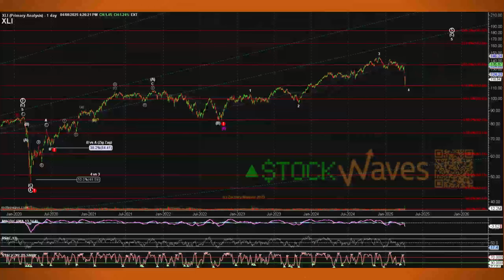IHI also from April 8th. Here it was a little bit interesting because we don't have the cleanest 5-wave move down structure. This can count a little bit more like an A, B, and a C wave, meaning that this larger degree C wave would be a diagonal.